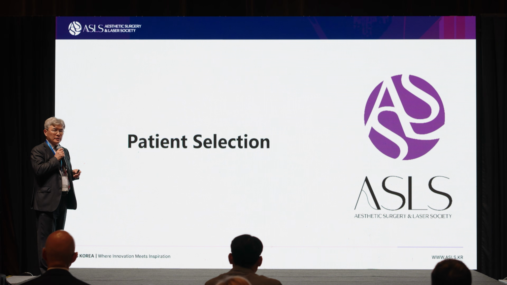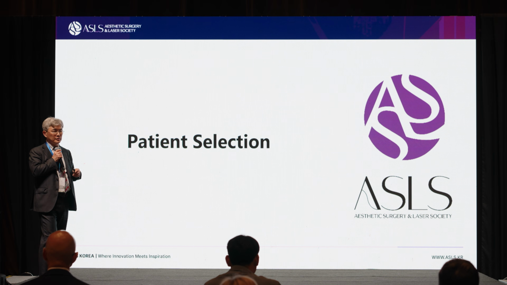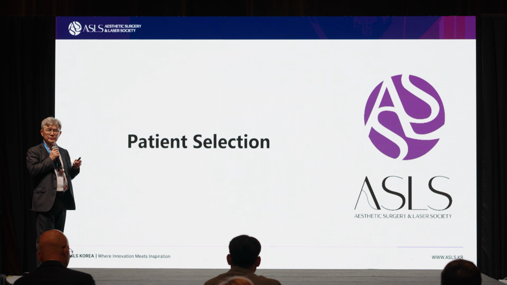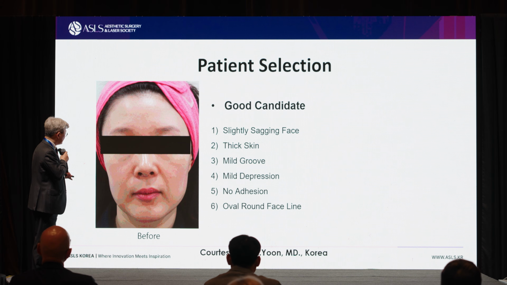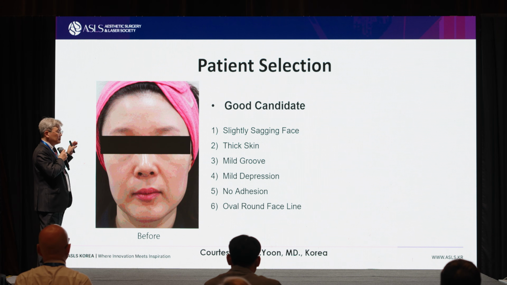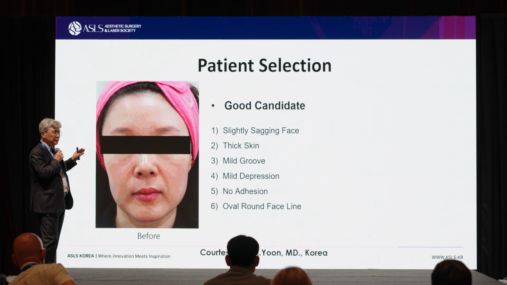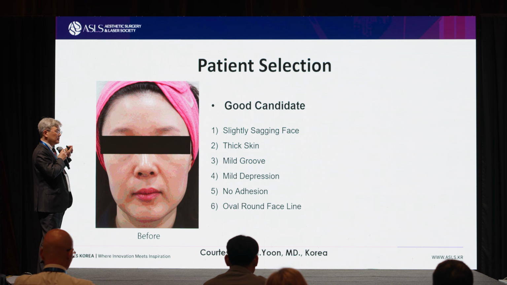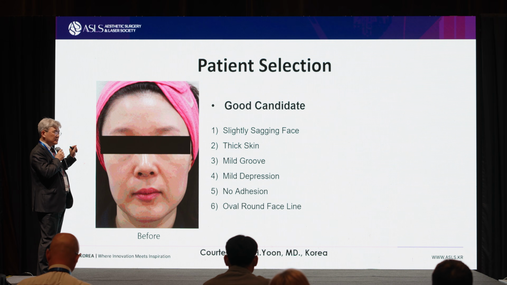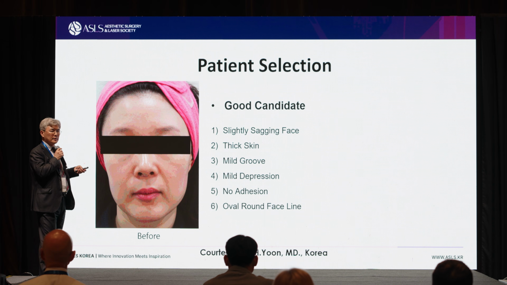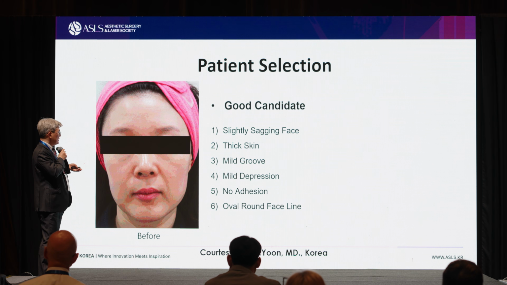So when you perform the PDO thread lift, you have to choose a patient with a more suitable face. This face has a little sagging, and has a groove, and a little thick skin, and no adhesion, no mild depression, and an overround face line.